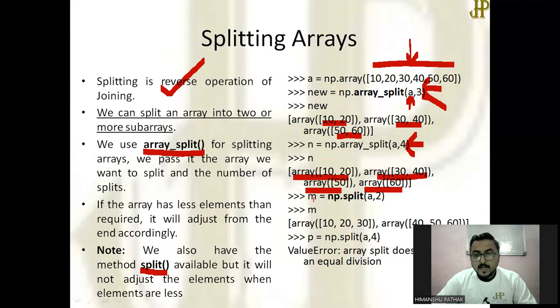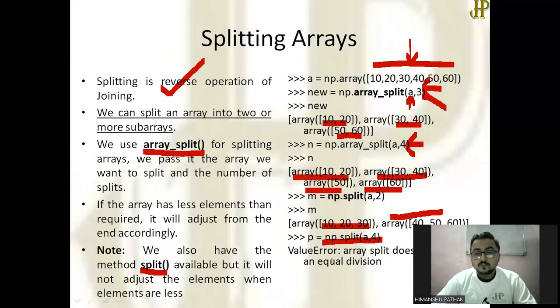In np.split a comma 2, now I want to split these 6 elements into 2. So 6 by 2, that is 3. 3 elements are split into each array. But if I want to split into 4 sections, there is no such facility available through which we can distribute 6 elements into 4 arrays.